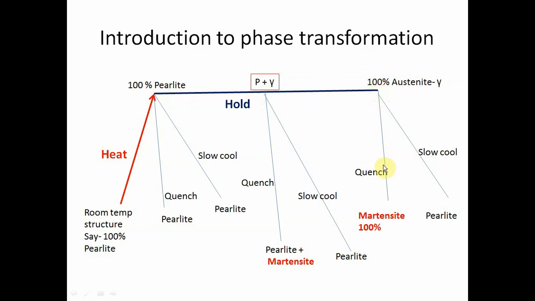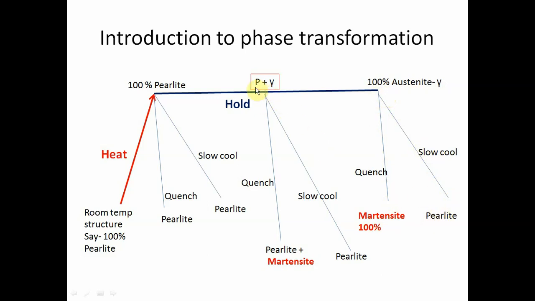then followed by different cooling rates. So this indicates a slower cooling rate and this indicates water quenching. Because of water quenching, it will transform into a 100% martensitic structure, and slow cooling will form a coarse pearlitic structure.